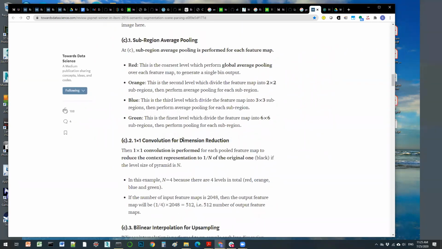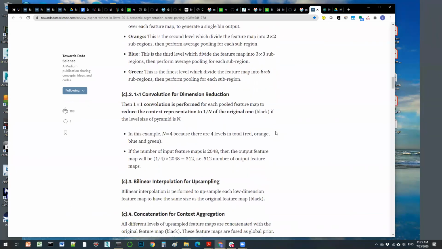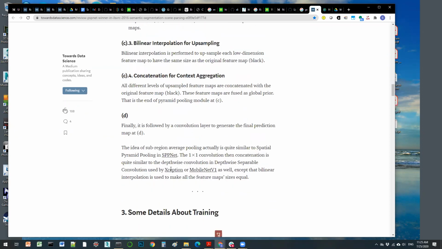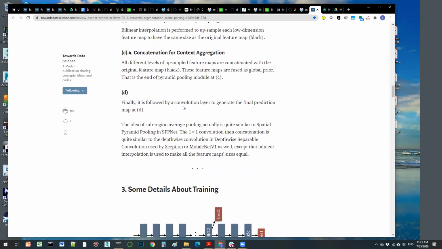Yeah, I should have caught what Steve pointed out from this discussion, where he talks about 1 by 1 for dimension reduction. I didn't catch that, but what Steve says makes a lot of sense now. Thanks, Steve. Then the bilinear interpolation, then concatenating, and then here's where, Joseph, you had the question. It's finally followed by a convolutional layer to generate the final prediction map.